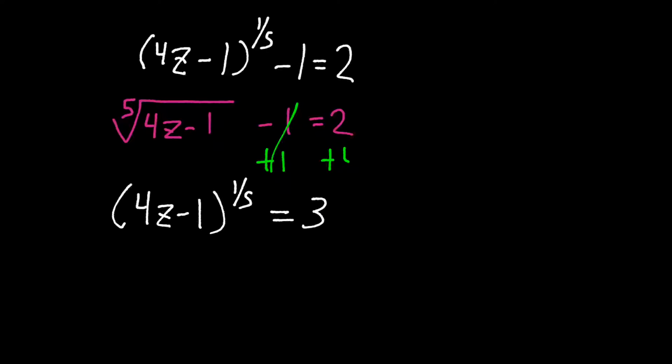All right. Now, I have to get rid of this exponent, 1/5. So I want the exponent to become 1. How am I going to do that? Well, I'm going to raise this whole thing to the 5th power, which is exactly the same thing we would do if it was written like this.